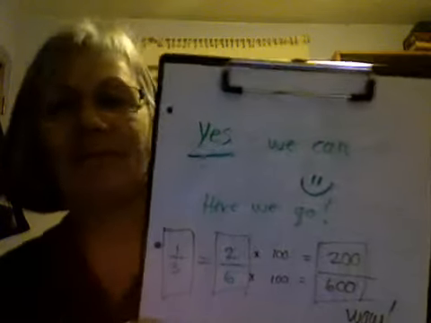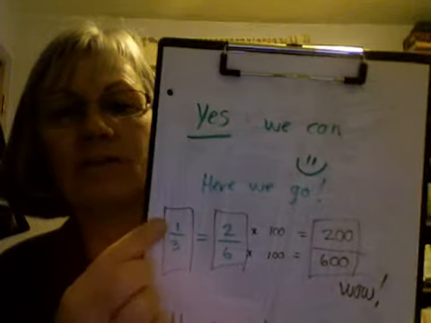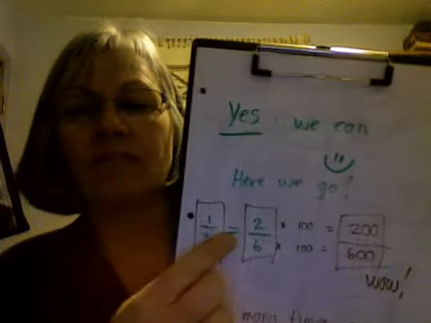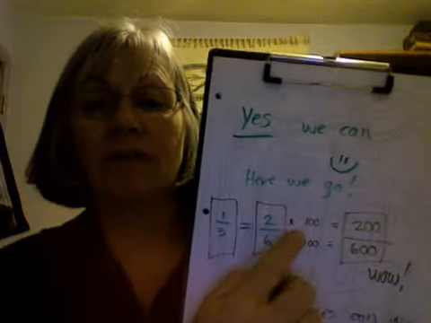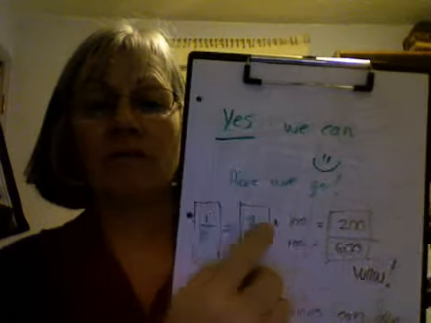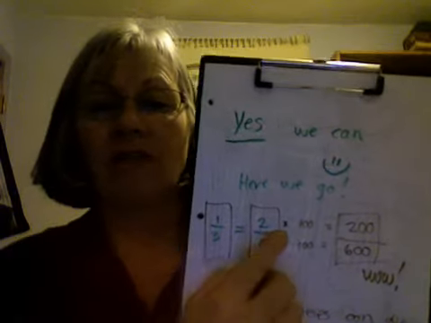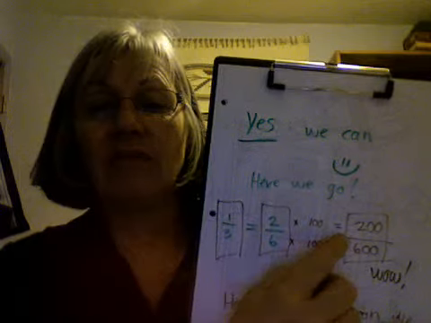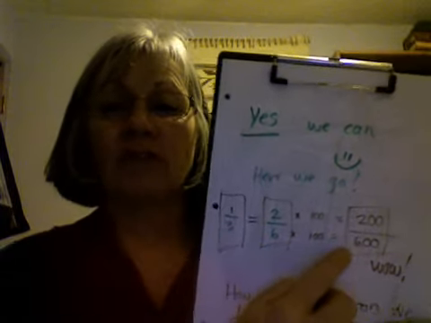Let's find out if we could multiply again. Yes, we can. And here we go. We can start with 1/3, which is equivalent to 2/6, but this time let's multiply by 100. Whatever we do to the numerator, we must do the same thing to the denominator, and we get another equivalent fraction, 200/600.